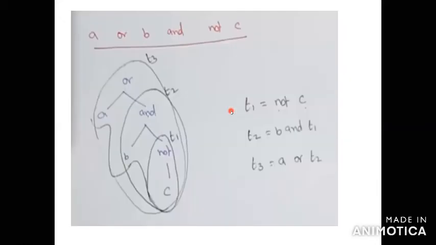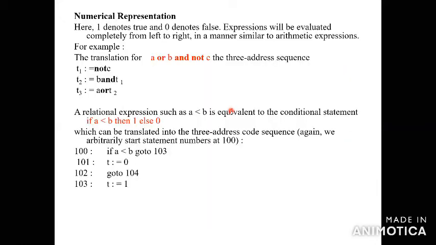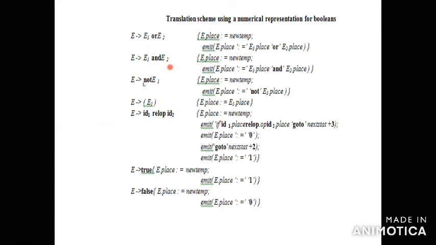Similarly you have to write it. The left side indicates the Boolean expression of the Boolean operator grammars. The right side indicates the translation schemes. So this syntax is for the numerical representation of Boolean expression in syntax directed translation scheme.